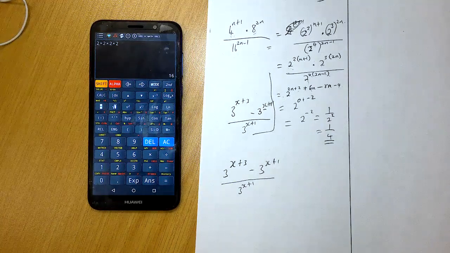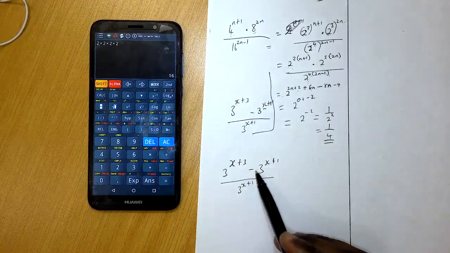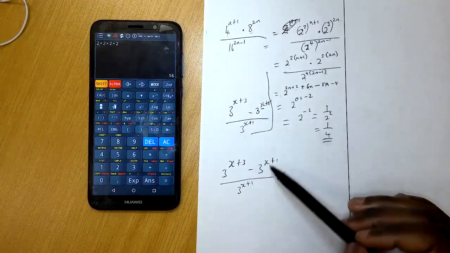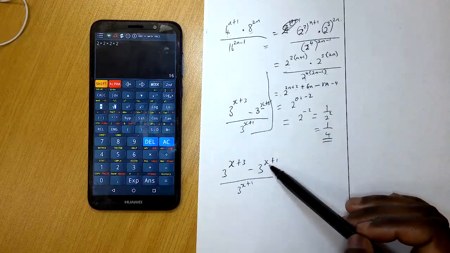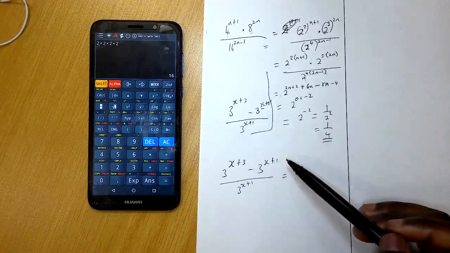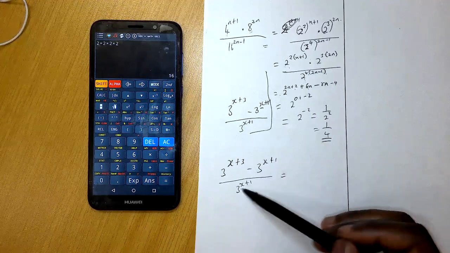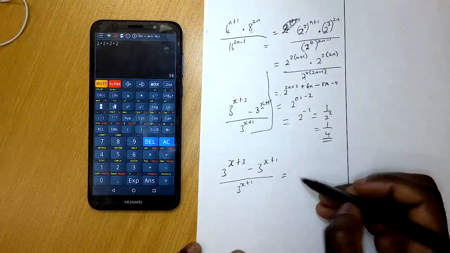Remember, we're saying minus here. There's no multiplication sign there. So here we need to convert. We need to have the same power here so that you can do the factorization. Let's see what's going to happen now.